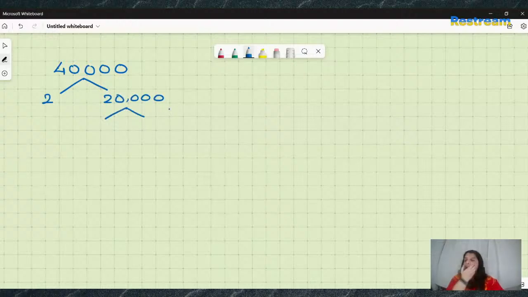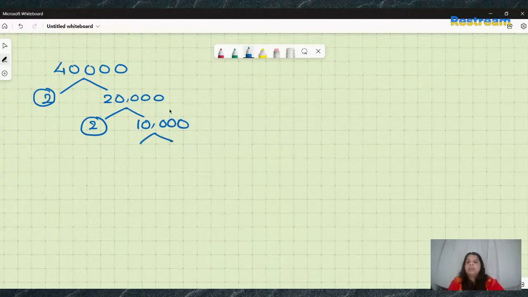Okay. Now, how do I know that this number has a chance of becoming a perfect square? Because it has even number of zeros and a 4. So definitely we know the square root of this number is 200, but we have to see how it looks when we are representing in terms of factors. So this is 2. Again, I'm going to divide with a 2. So I have 10,000.